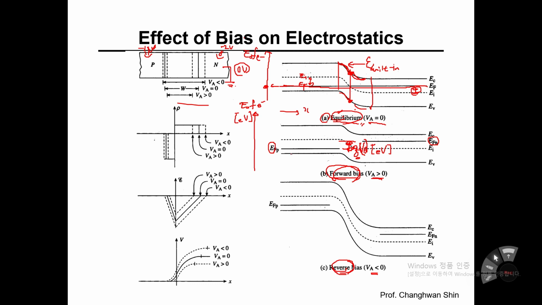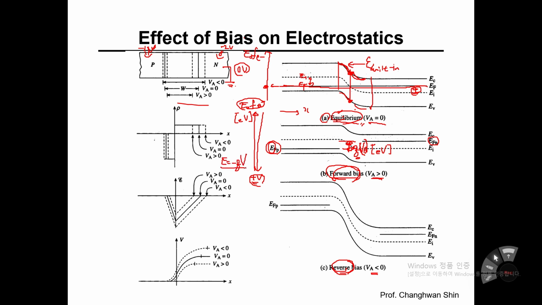So q times VA has been applied, and here in the P side, the Fermi energy level is lower than the Fermi energy level in the N side, which means the minus y-axis direction indicates a positive voltage. If you cannot understand how come these two physical quantities indicate opposite directions, always think about this equation.